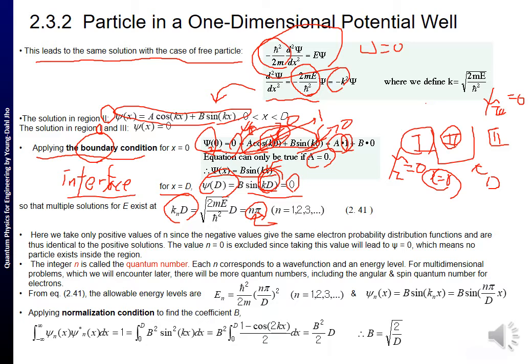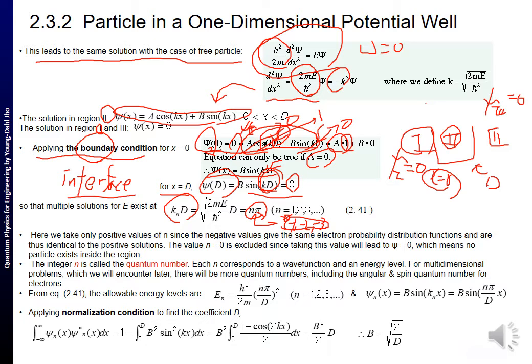And n could actually be any integer such as -1, -2, -3, and 0, and 1, 2, 3, and so on. But here we ignore the 0, we ignore the negative part. So that is explained here.